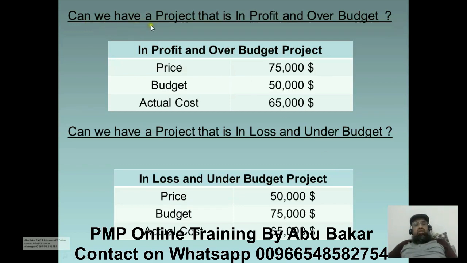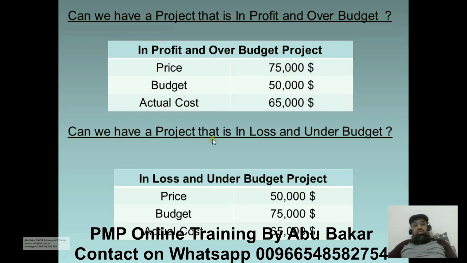First question, can we have a project that is in profit and over budget? Yes, it is possible. Just imagine if the price was $75,000. Internal budget allocation on the contractor side was $50,000 and the project manager spent $65,000 on that. We still have some profit, but this project is over budget as compared to the internal cost baseline.